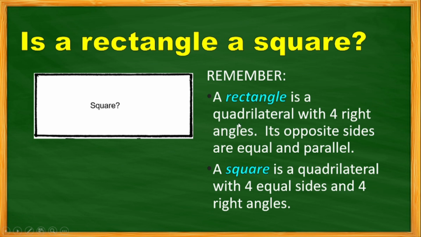A rectangle can be a square? By the definition of the square, it has 4 equal sides. This one is equal to this one, but this one is different from this one. So we cannot say that the rectangle is a square. So it's a no.